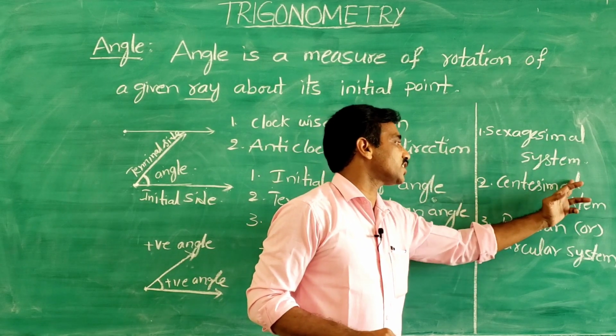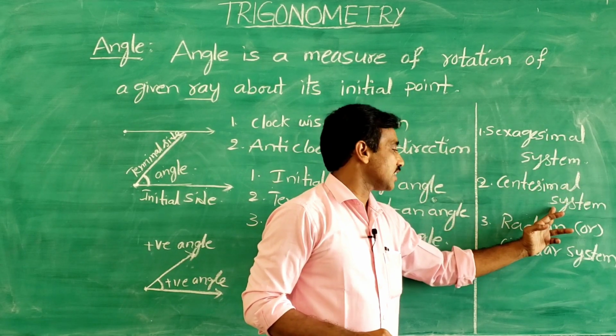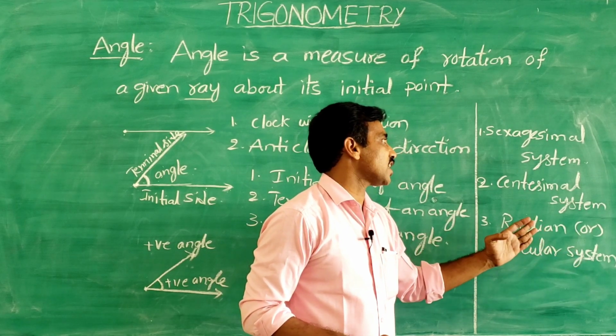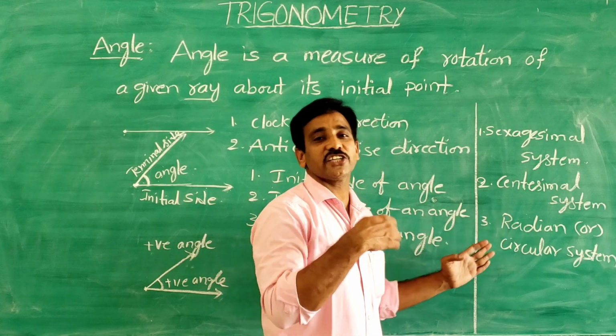Second one is the centesimal system, called the French system. The third one is the radian or circular measure. These three systems we will learn in the next class.